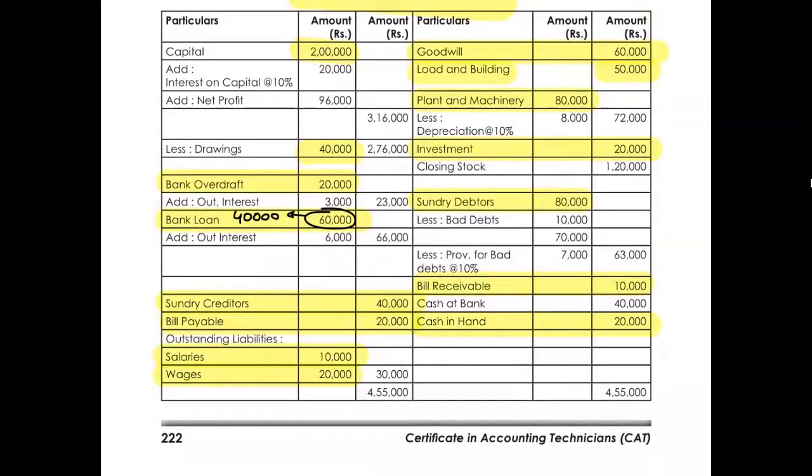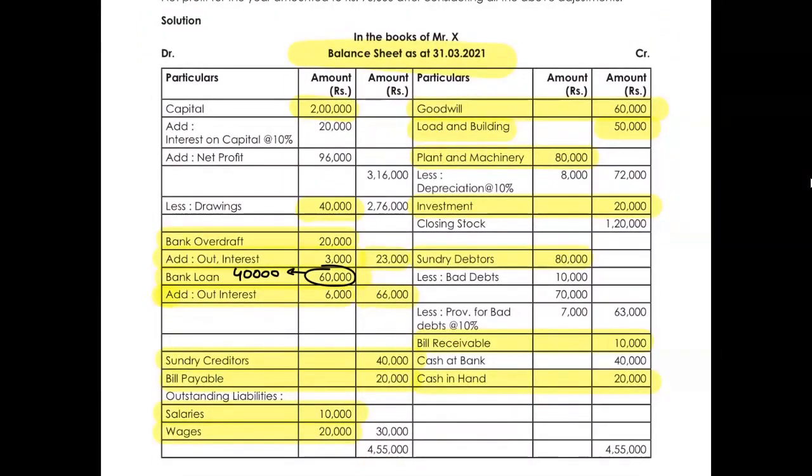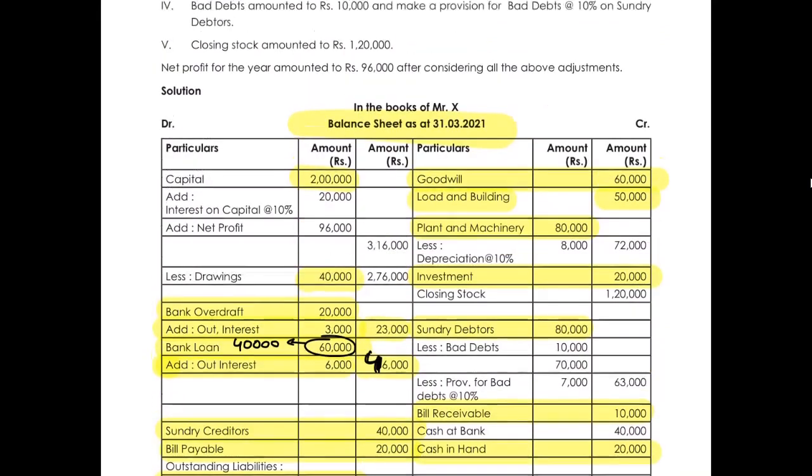So interest on overdraft 3,000 they have mentioned over here, and total they have written 23. Interest on bank loan is 6,000, and total 66 mentioned over here. So this should be 40,000 as I mentioned. So 40 plus 6, this should be 46,000. Okay.